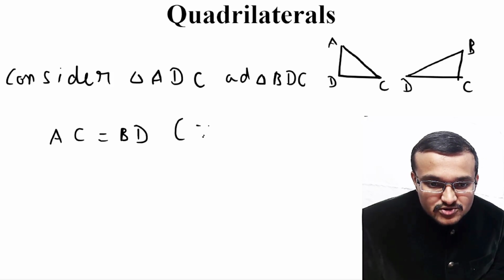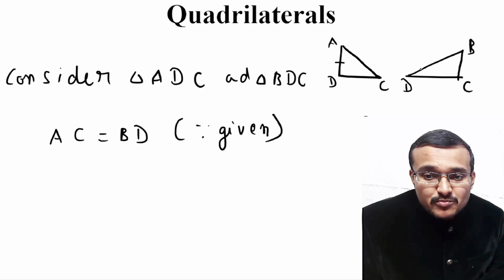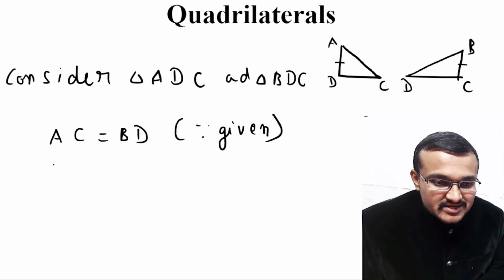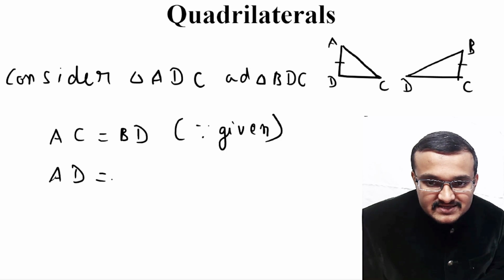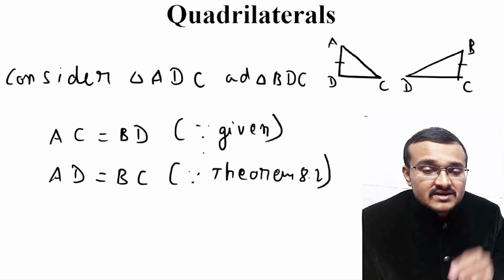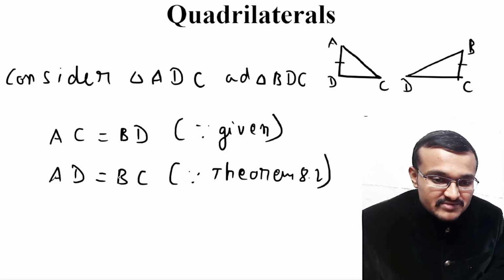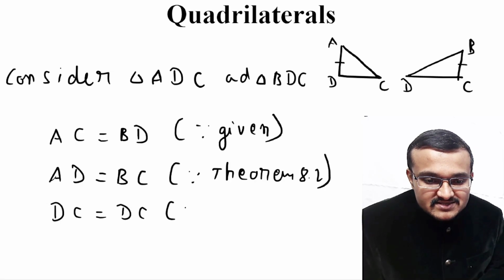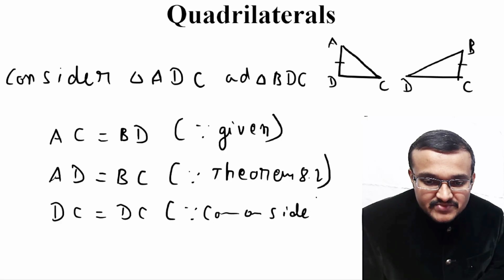And we know opposite sides of a parallelogram are equal to each other. So AD is equal to BC because of theorem 8.2. In theorem 8.2, we had discussed that opposite sides of a parallelogram will be equal to each other. And here DC is equal to DC, that is a common side.